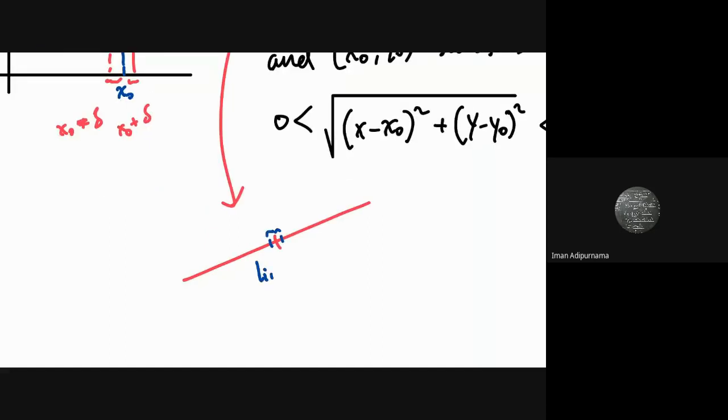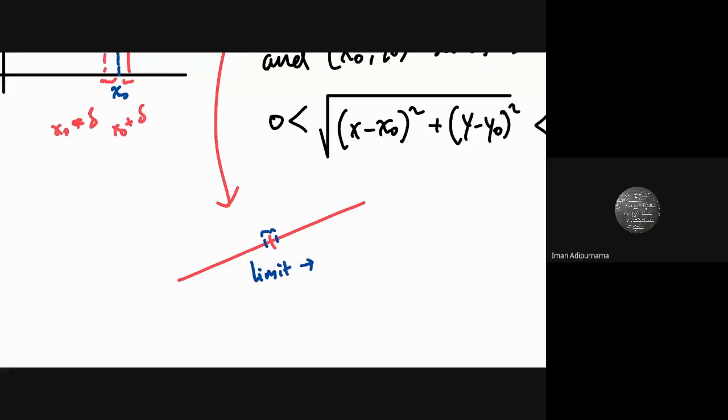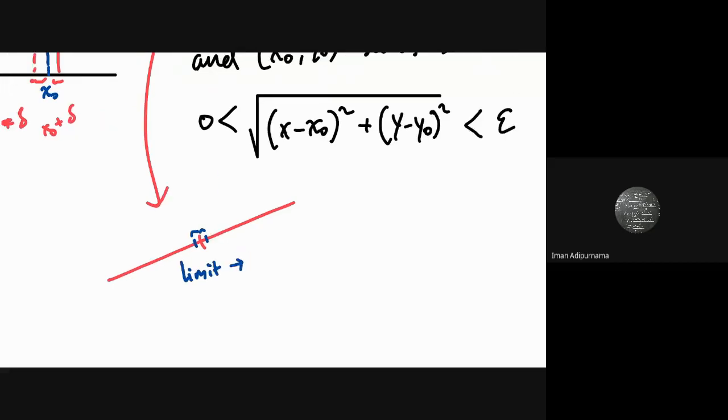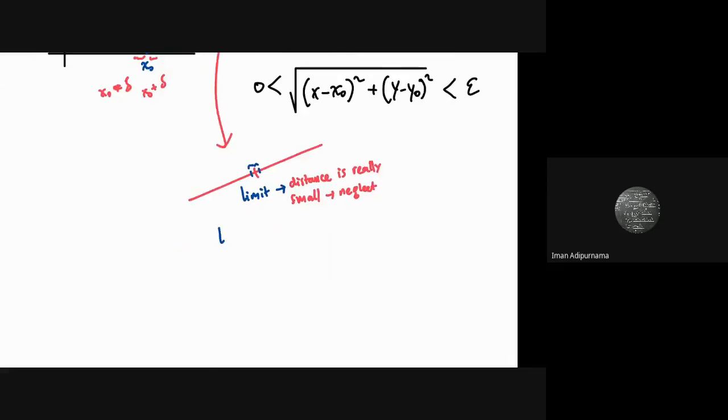But in terms of limit, we can say the distance is really small, so we can neglect it, right? So the limit of 0.0000002, we can say this is going to be 0. So that is what it means for the epsilon and delta.